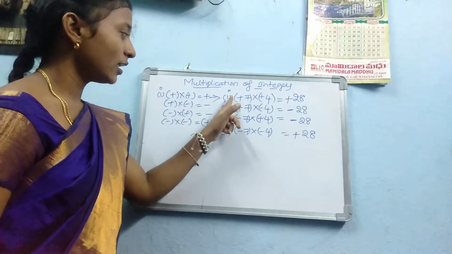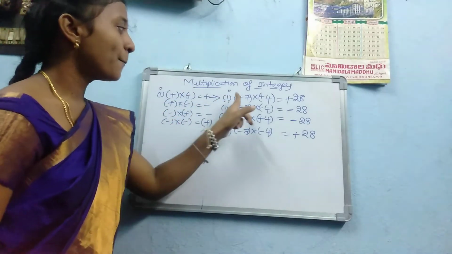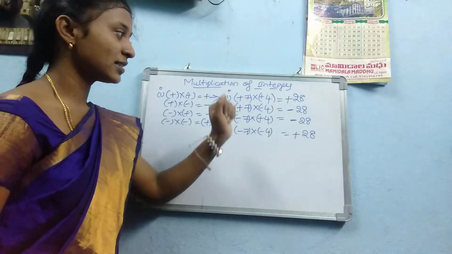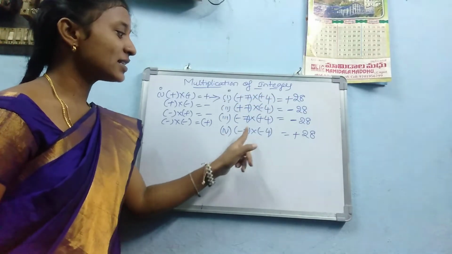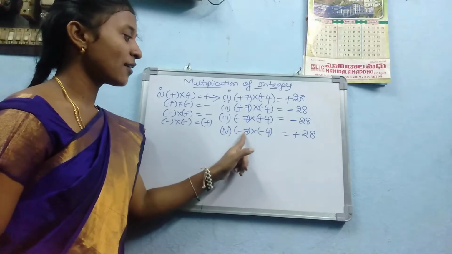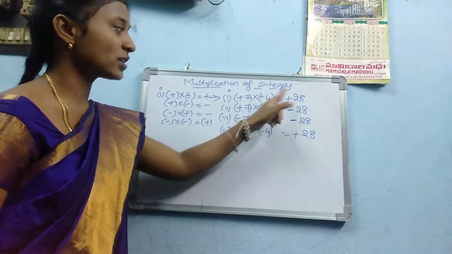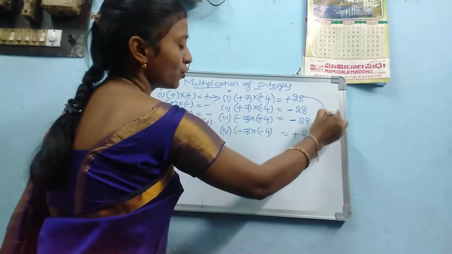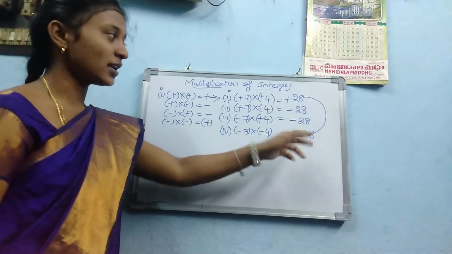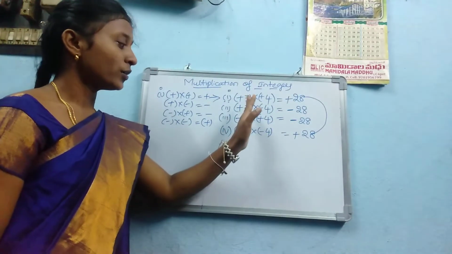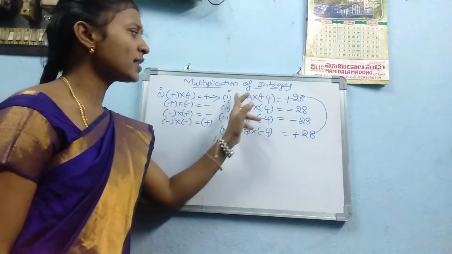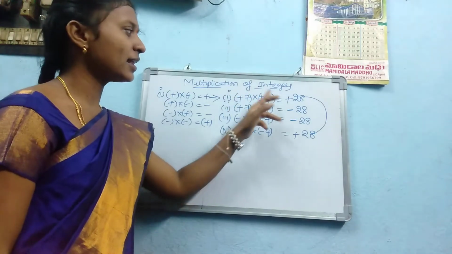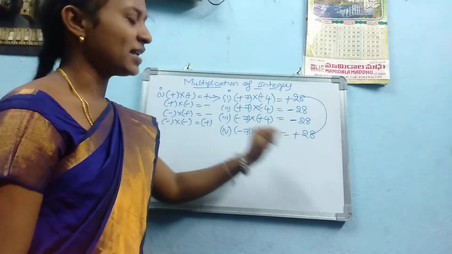Observe these four rules: plus into plus is plus 28, minus into minus is plus, 7 fours are 28. In these two laws, we get the same answer. So if both symbols are the same, the result has the plus symbol.